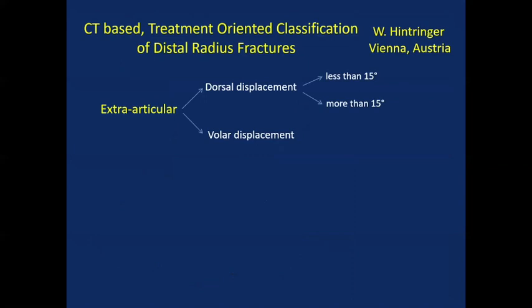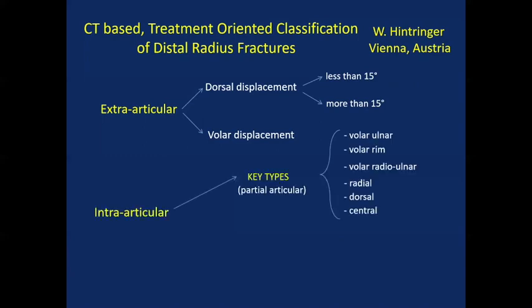Hintringer in Vienna, a good friend of mine, combined all these new concepts and brought up a new classification, which is beautifully illustrated, but most important, it's very comprehensive and treatment-oriented. He describes an extraarticular group with dorsal or volar displacement, and then an intraarticular group with partial articular fractures.